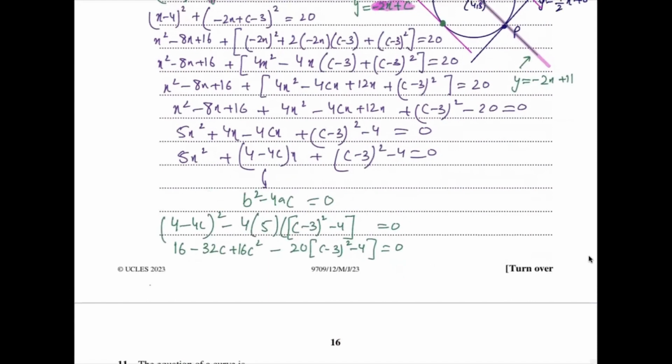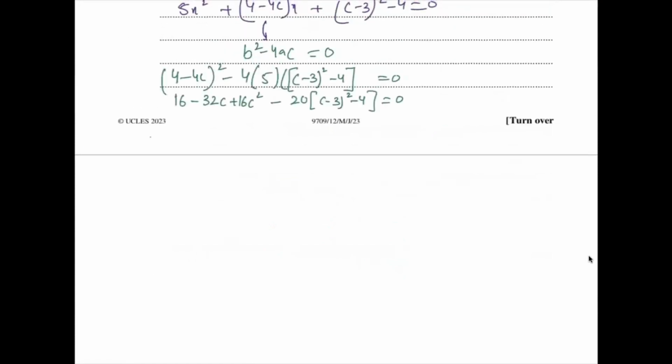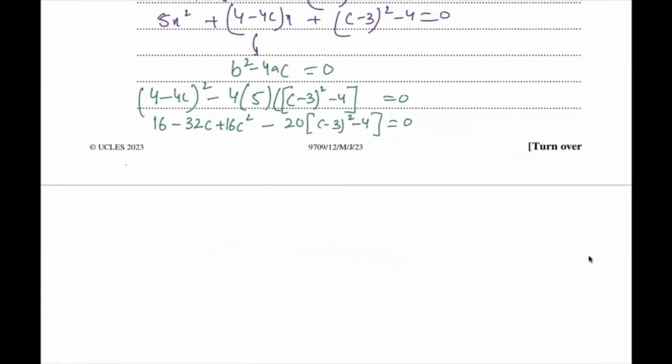We have to simplify this further: 16 minus 32c plus 16c squared minus 20 times c squared minus 6c plus 9 minus 4 equals 0.